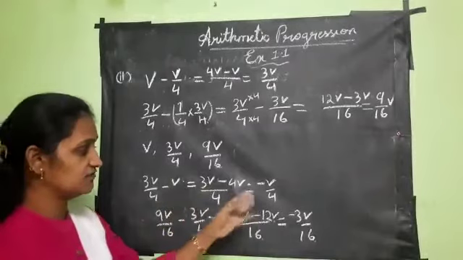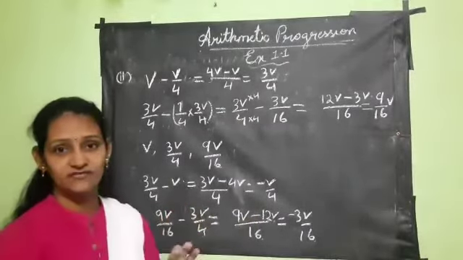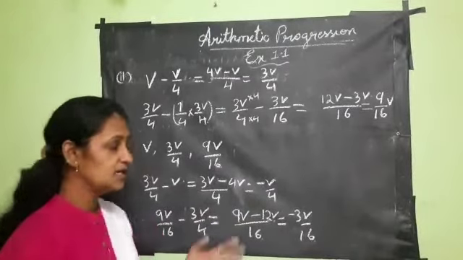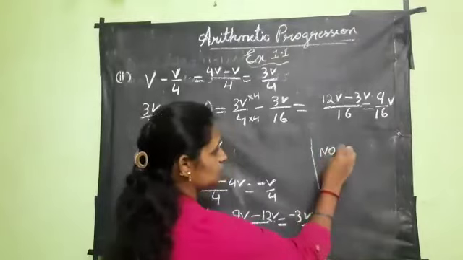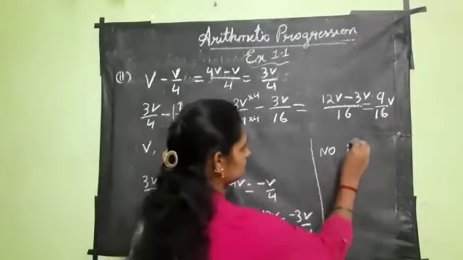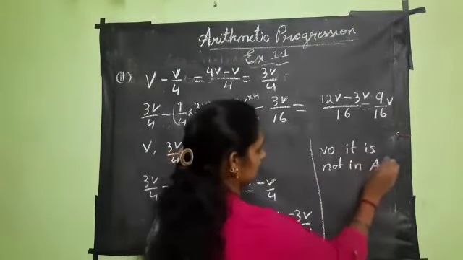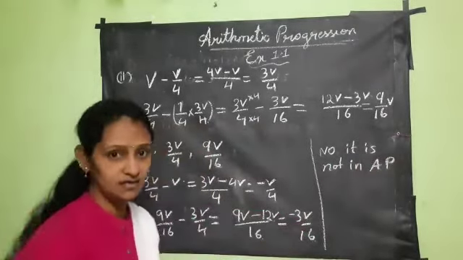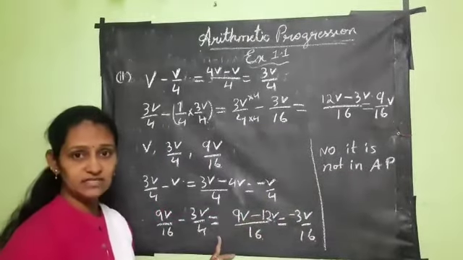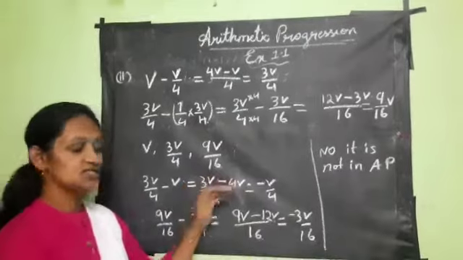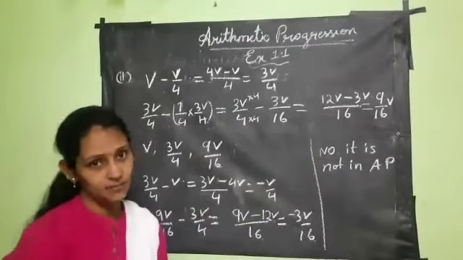So since the constants are different for each difference we find for the consecutive terms, hence we say that the given statement is no, it is not in arithmetic progression. Why? The reason is the difference between the consecutive terms is not constant. So it is not an arithmetic progression.